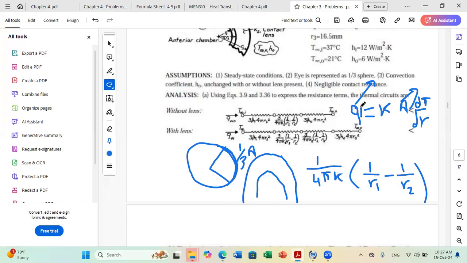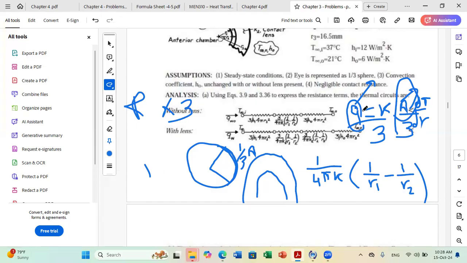Since the resistance is inversely proportional to the heat rate, then it's inversely proportional to the area. So if you divide the area by 3, what will happen to Q? Q will be divided by 3, while resistance will be multiplied by 3. Because resistance is inversely proportional to the area, inversely proportional to Q.